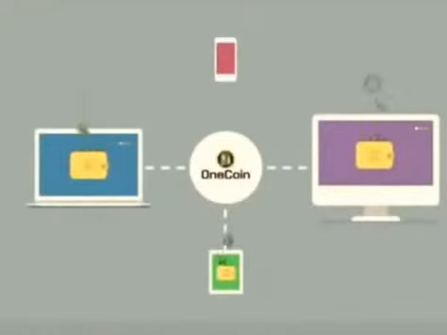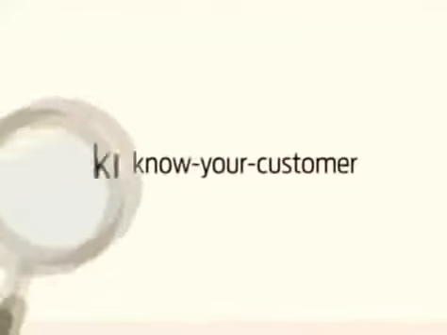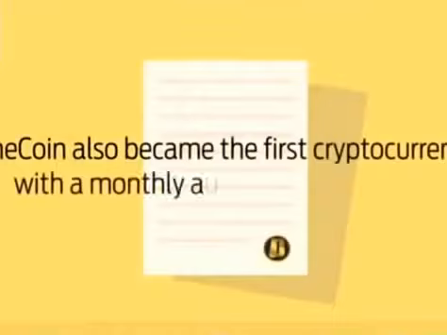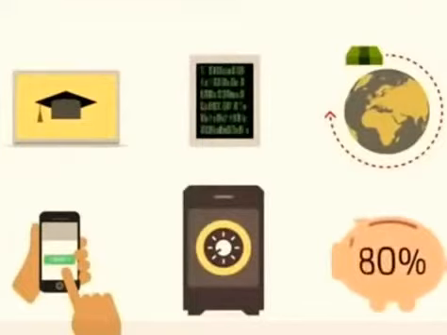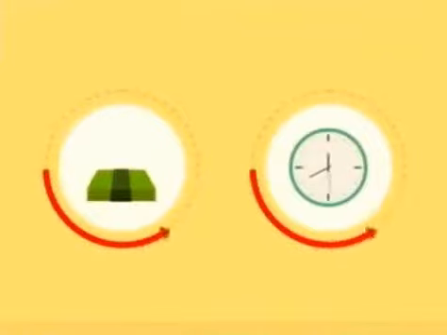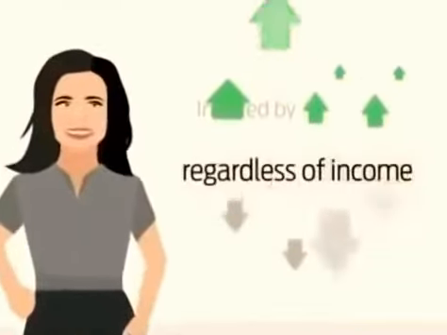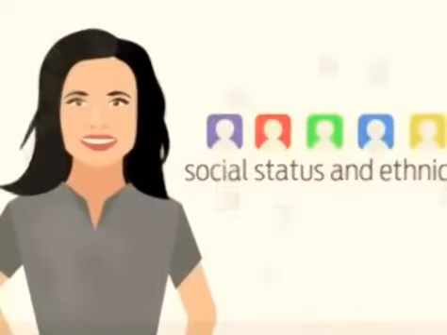What's more, to prevent money laundering, identity theft, financial fraud, and terrorist financing, OneCoin has implemented KYC, Know Your Customer procedures, thus preventing any possible misconduct by its clients. OneCoin also became the first cryptocurrency with a monthly audit of its blockchain. People join OneCoin for a reason: to learn about cryptocurrency, to mine the coin, to transfer money, to make payments without the need for expensive or unsafe intermediaries, to deposit money, and to save over 80% in remittance costs. Use OneCoin to save your time and money every time you need financial services. Inspired by Dr. Ruja Ignatova's strong vision to provide access to financial services for everyone, regardless of income, social status, and ethnicity, OneCoin has become a global company with a community of thousands of miners worldwide in just over a year. One world, one coin. Join the financial revolution.